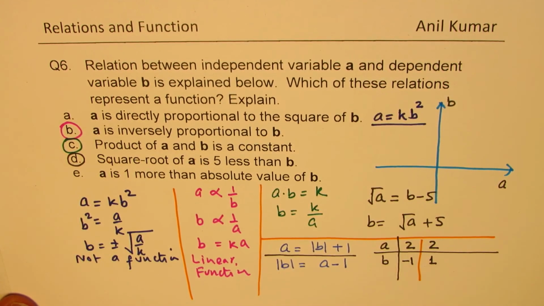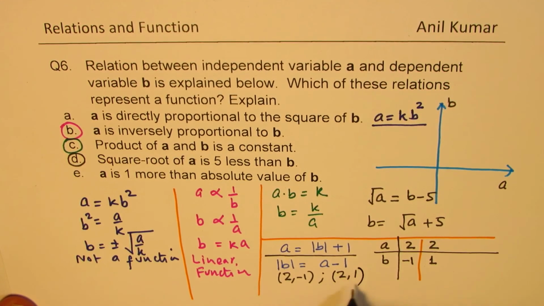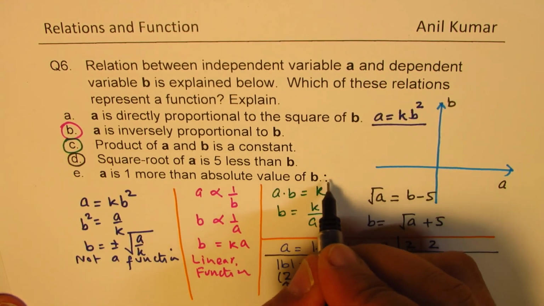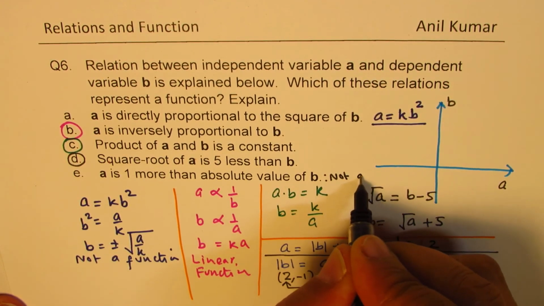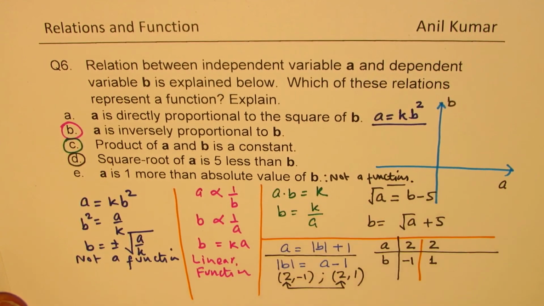Since A is independent, the points (2, minus 1) and (2, 1) are on this relation. Since 2 is repeated, this is not a function. Is that clear to you?